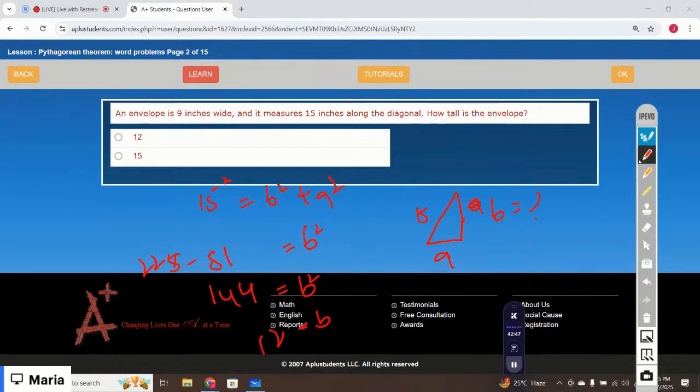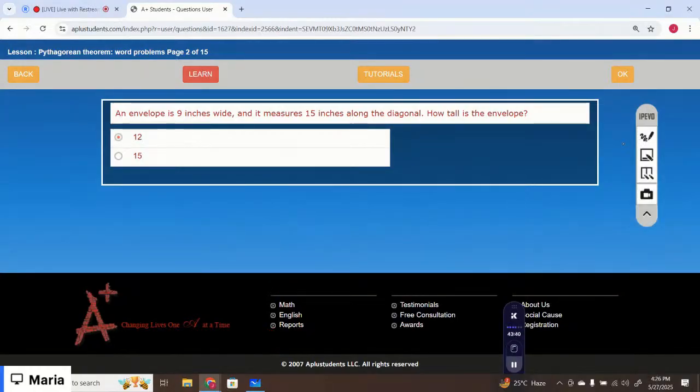So b equals 12. Option number 1 is the correct option.